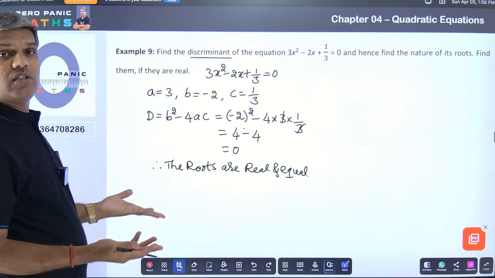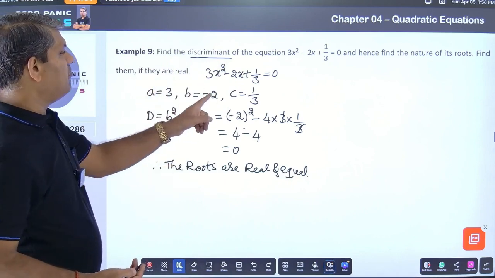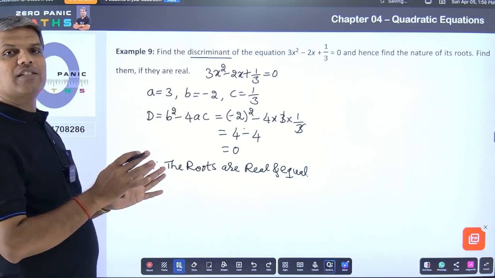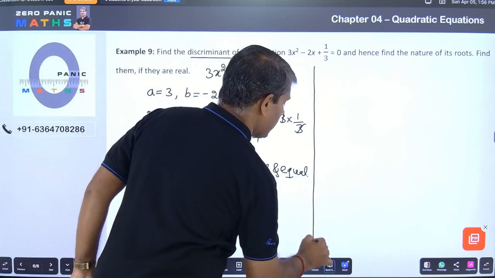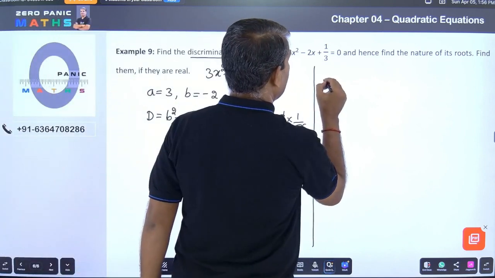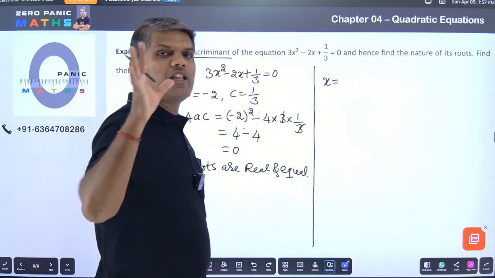But what are those equal roots? We have to substitute the values of a, b, c into the formula, minus b plus or minus square root of the discriminant, divided by 2a.